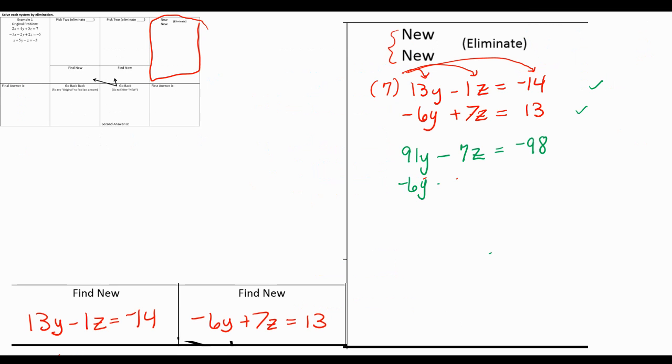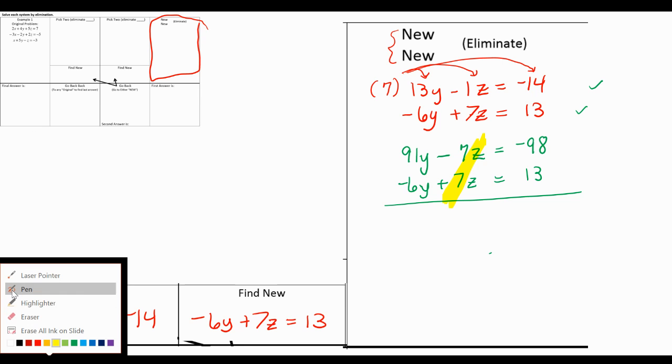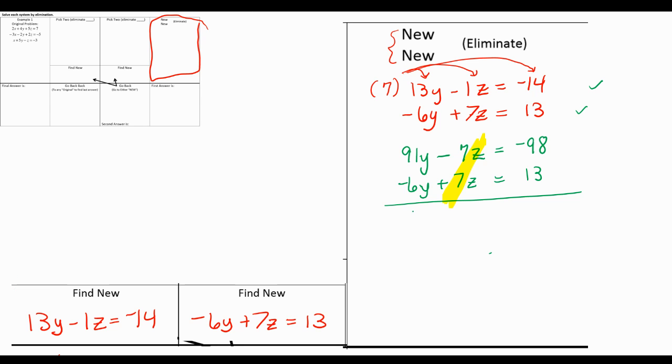Negative 6y plus 7z equals 13. And then we can eliminate, because we multiplied here. 7z minus 7z eliminates. 91 minus 6y is 85y equals negative 98 plus 13, which is negative 85.